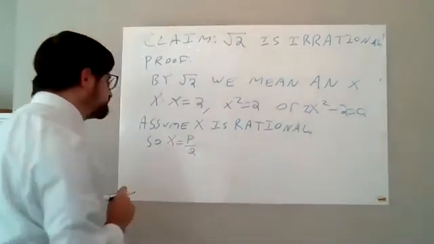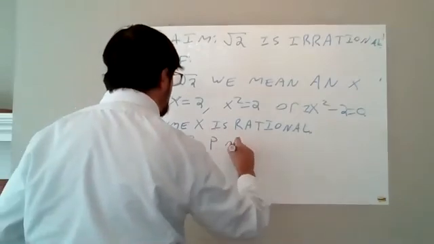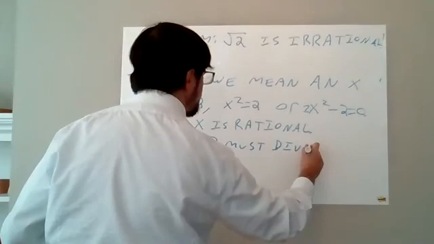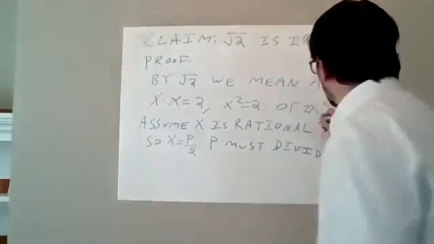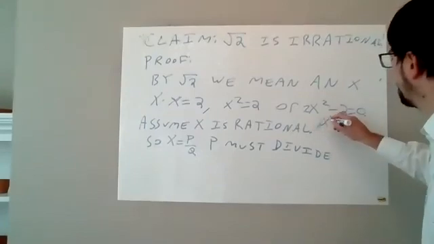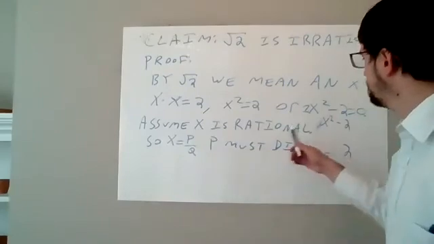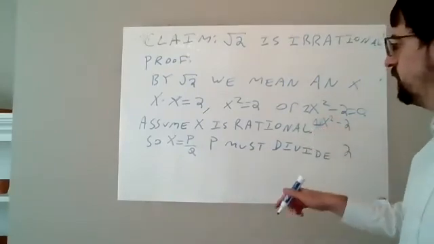I can do the same trick. We can use the rational root theorem. Looking at the polynomial x squared minus 2, p must divide 2. Q, well, there's a 1 in front here, so q better divide 1.